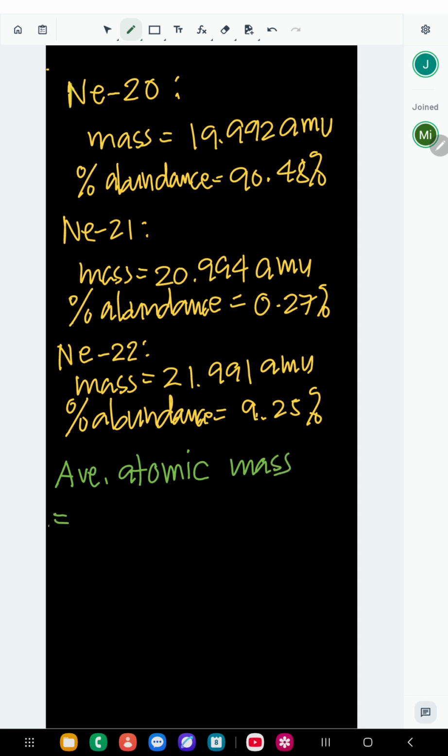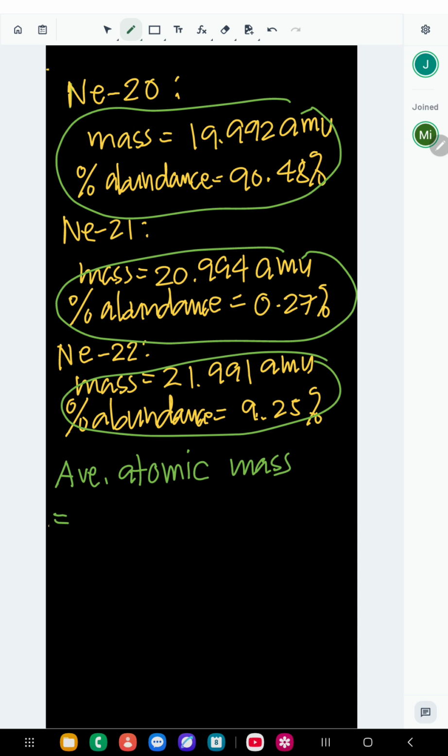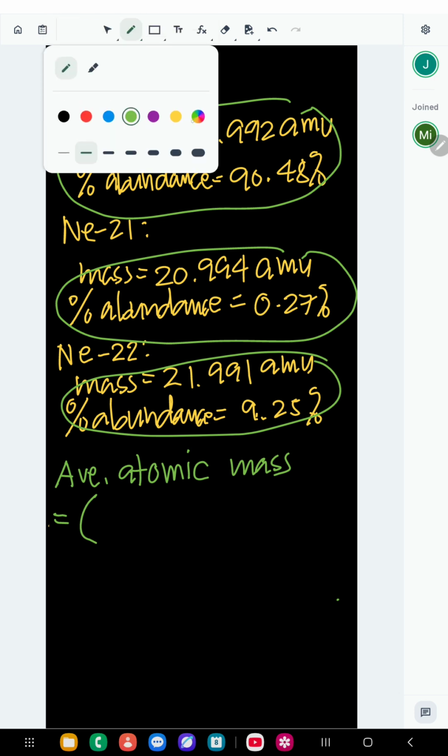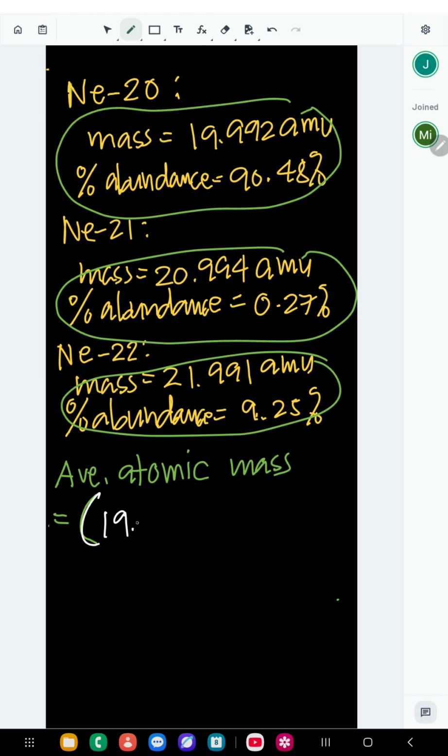You want to try that? For neon 20, you multiply 19.992 times this one. You convert this to decimal first, divide by 100, so this is 0.9048 to get rid of the percent.